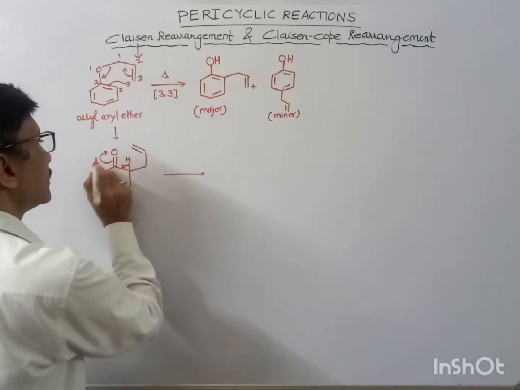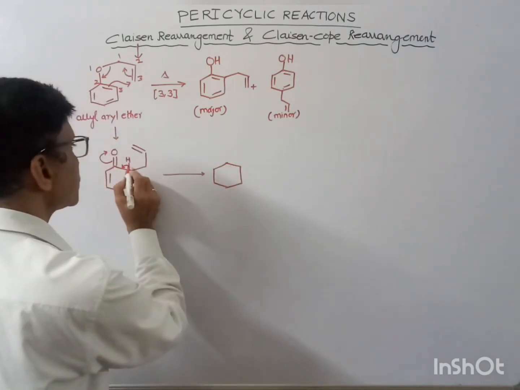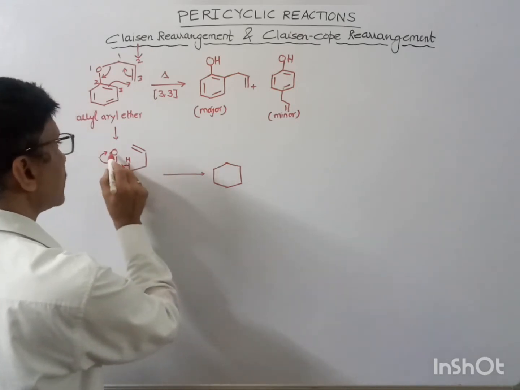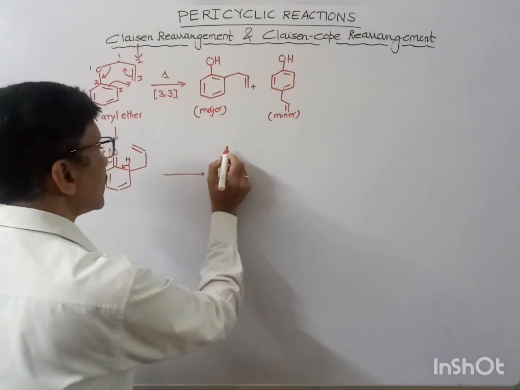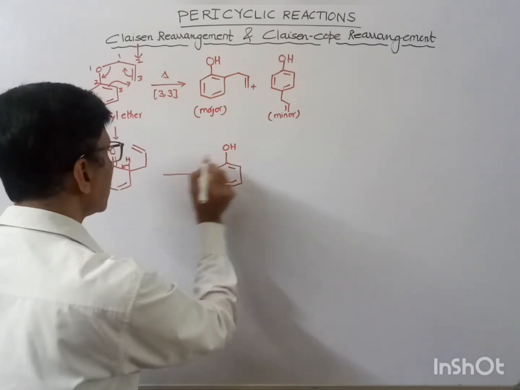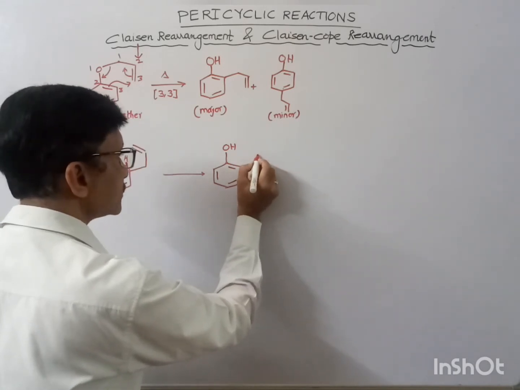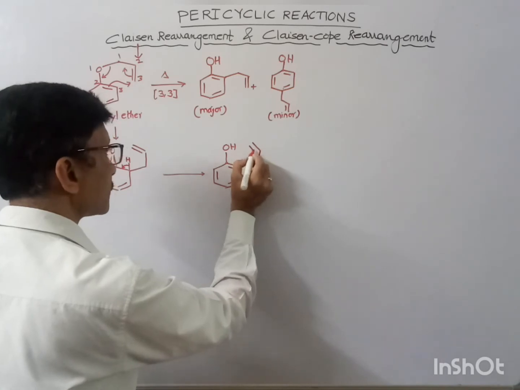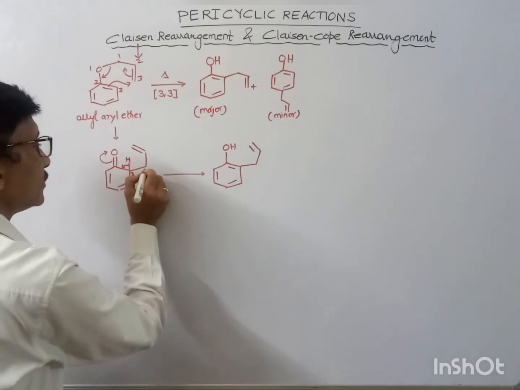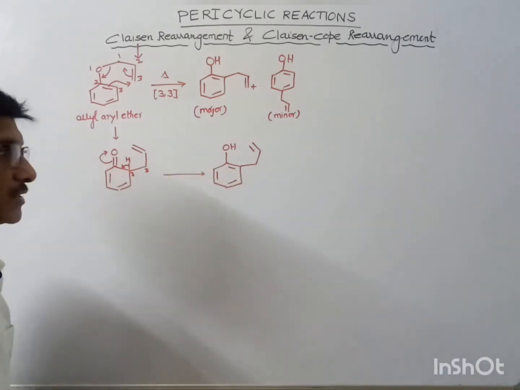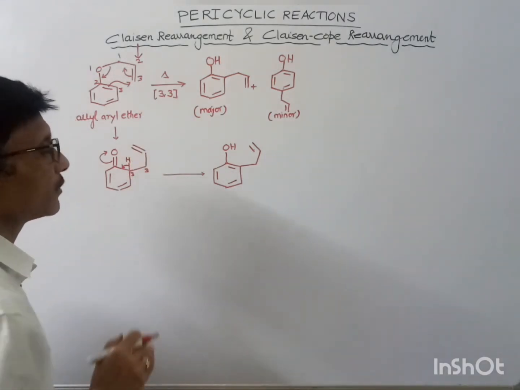The H plus which is removed from here is taken by this O minus, and finally you again have the aromatic benzene ring, and this allyl group is attached over here. So you have seen that a 3,3 bond is formed, this is 3 and this is 3. This is an example of a 3,3-sigmatropic shift.